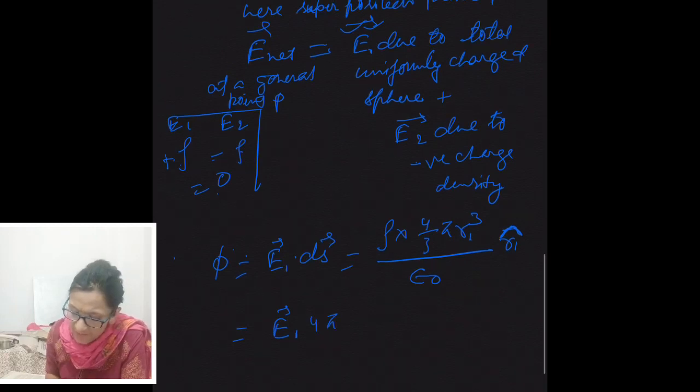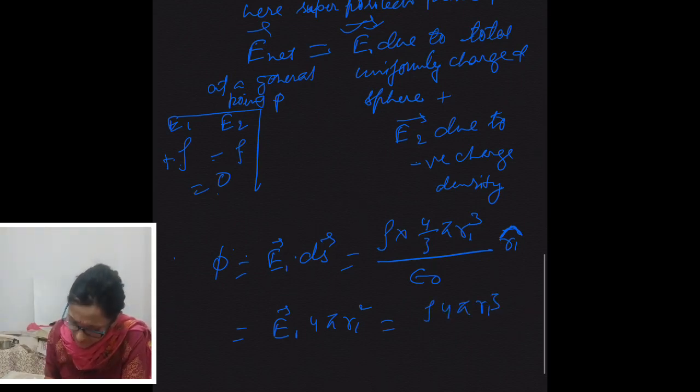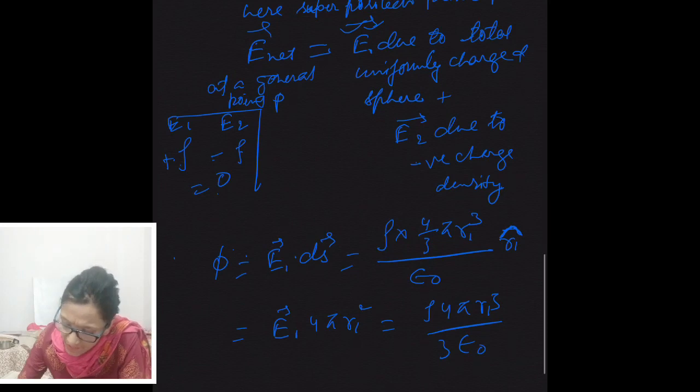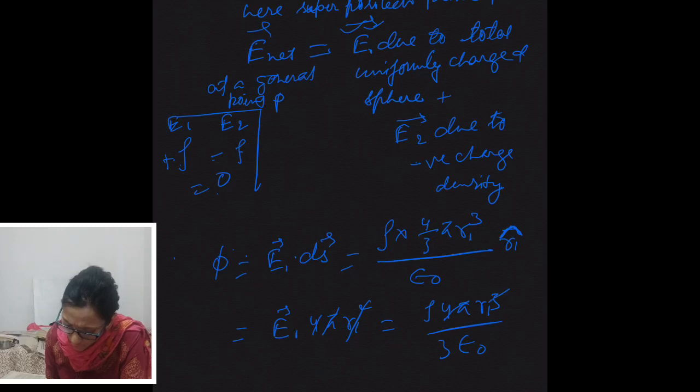So E1 times the surface area, and with a Gaussian surface the area is 4 pi R1 square, equals rho 4 pi R1 cube by 3 epsilon naught.